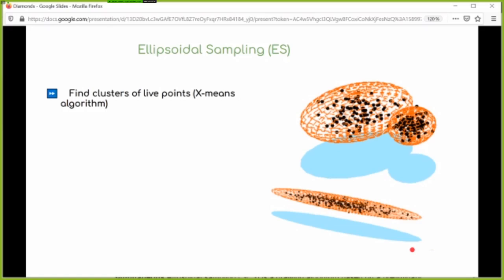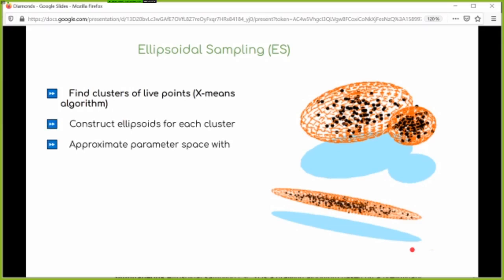And the cluster algorithm identifies groups of points that are clustering around a common center of mass. During the nested sampling process, the algorithm checks how many clusters can be found and therefore computes a k-dimensional ellipsoid for each of them. The X-means clustering is a variation of the k-means clustering that treats cluster allocation in a different way.